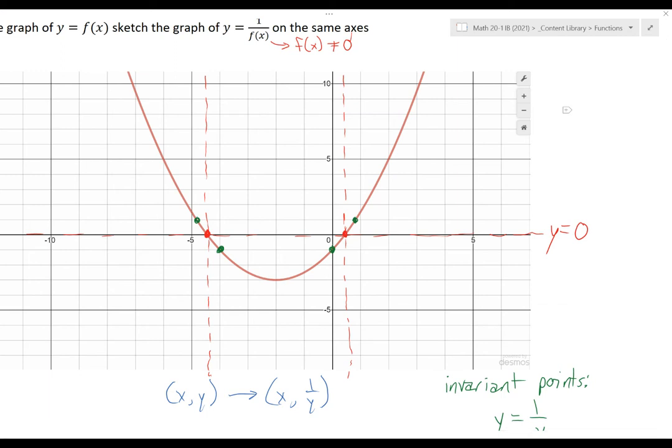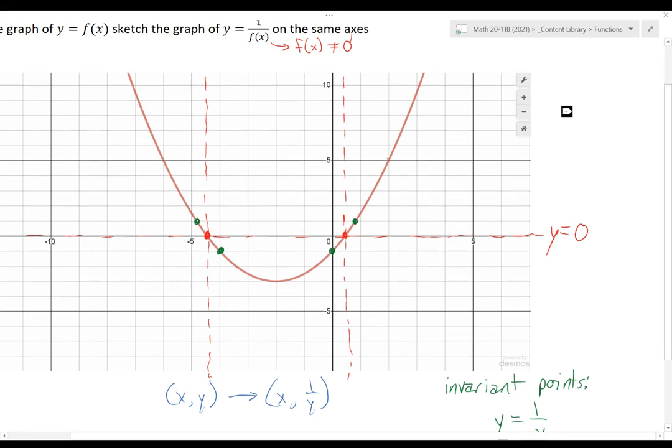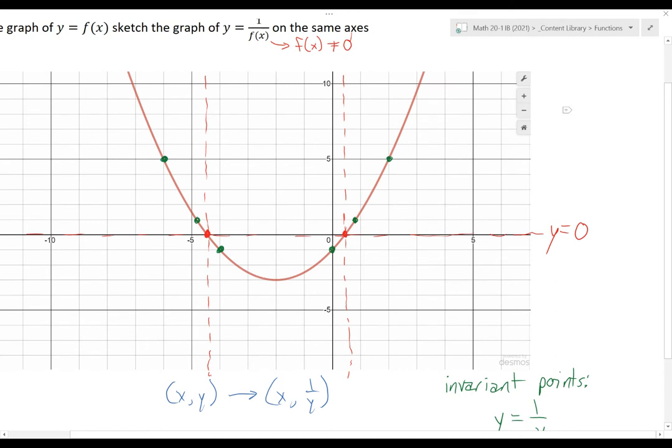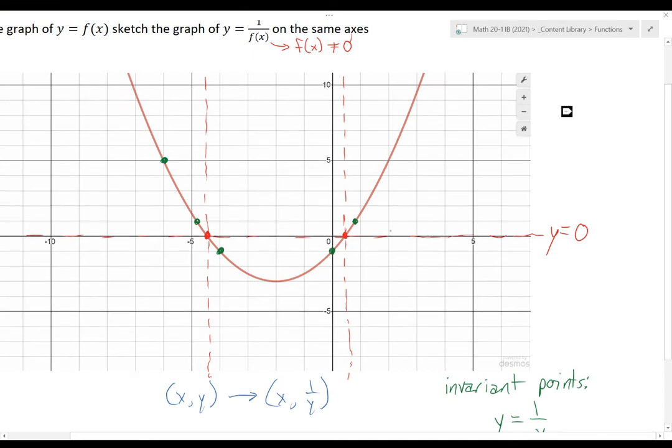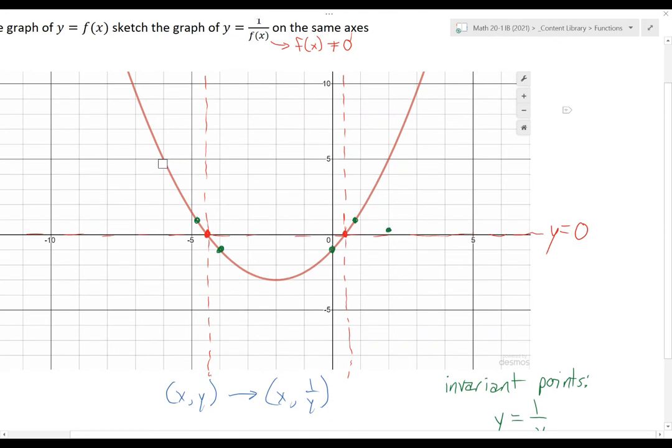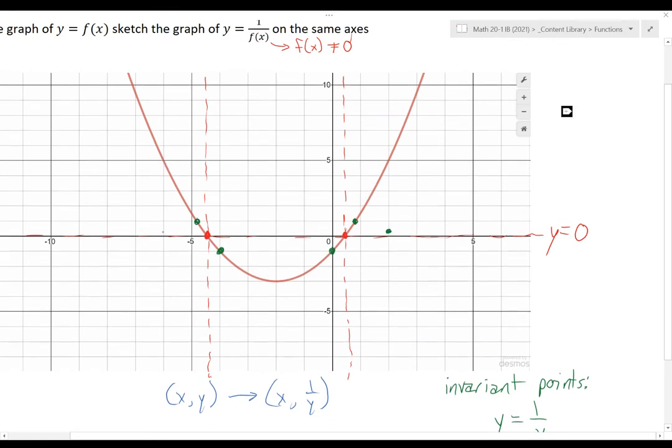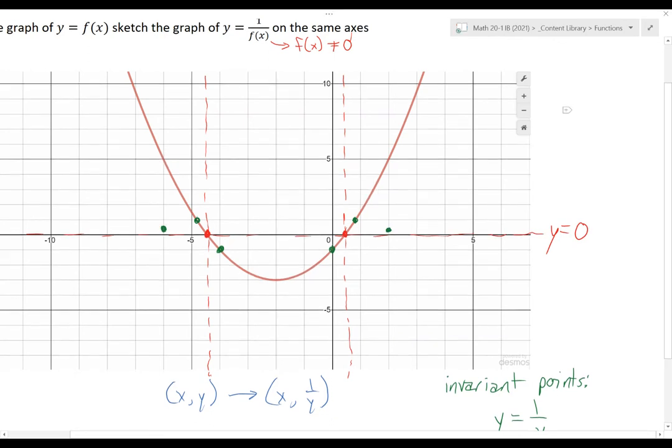So for example, if I consider the points where y equals 5, there are 2 points where y equals 5. The transformed point is going to have to be y equals 1 over 5. In fact, the higher the original y value goes, the smaller the new 1 over y is going to go.